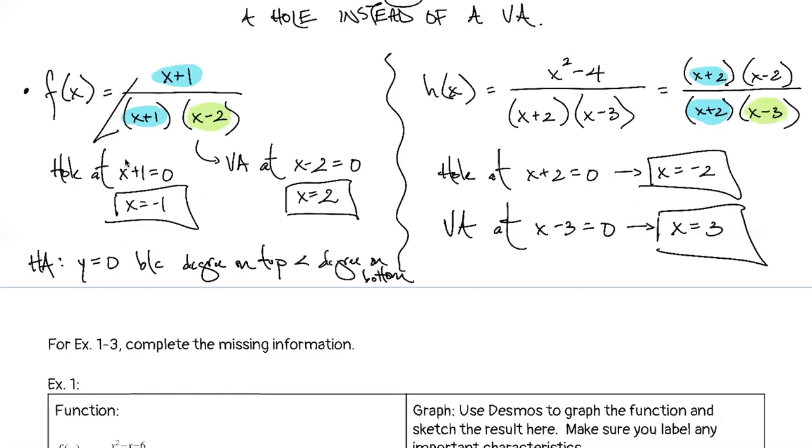Now, what do we say about h of x? Is there a horizontal asymptote or not? And if so, what is it? Okay, so if we compare these degrees here, we see that there's a degree of 2 on the top, but what's the degree on the bottom?